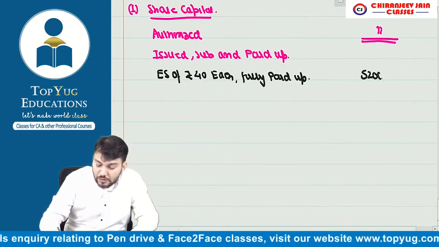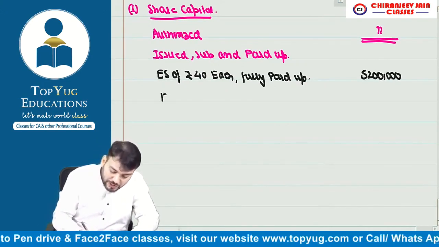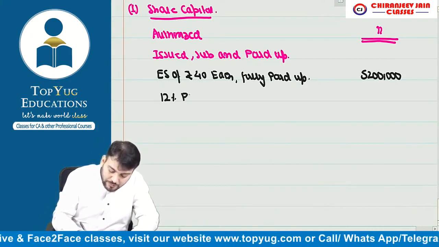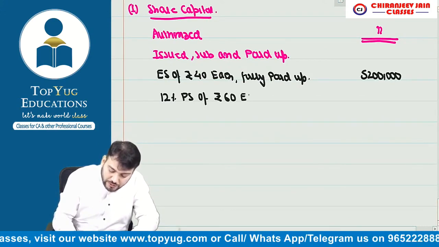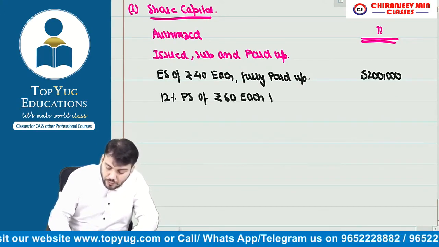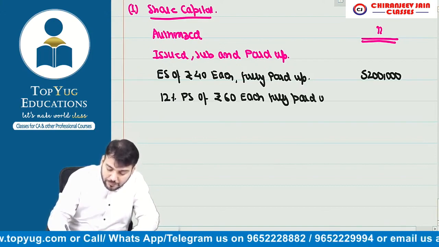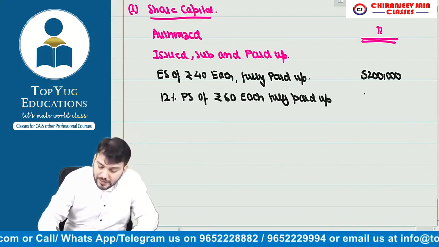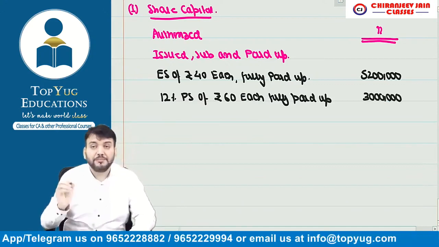It is 52 lakh, and we have 12% preference shares of rupees 60 each, fully paid up. How much is that? 30 lakh. Yes, simple.